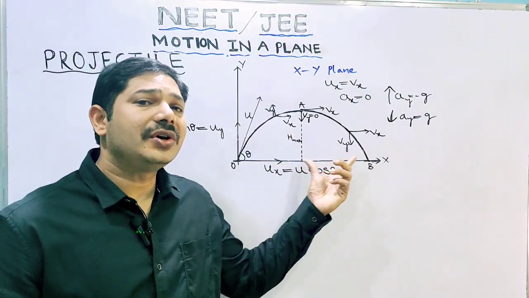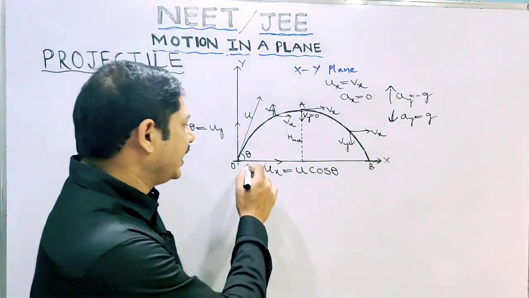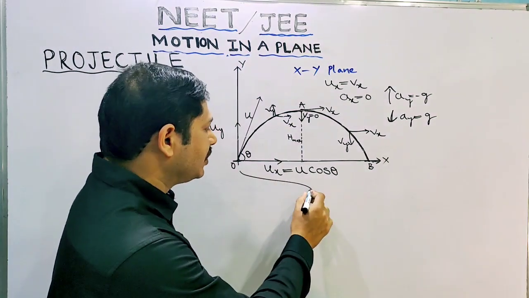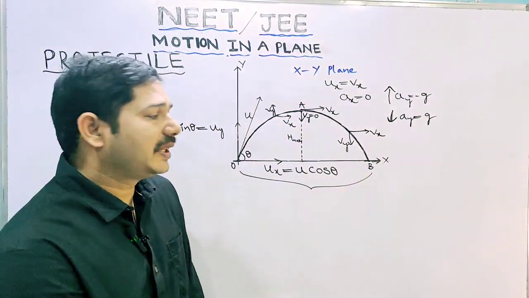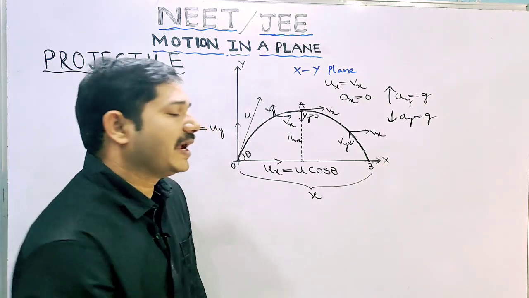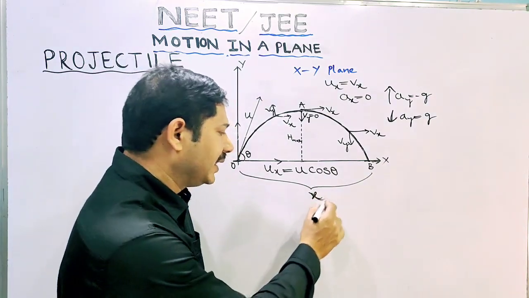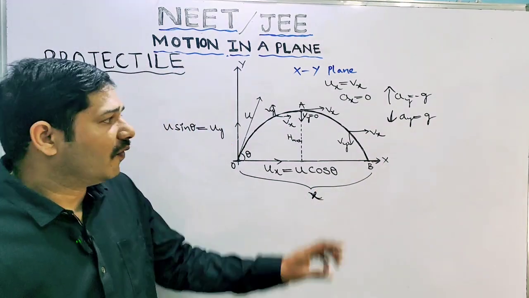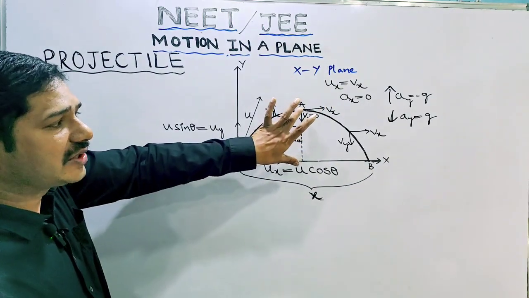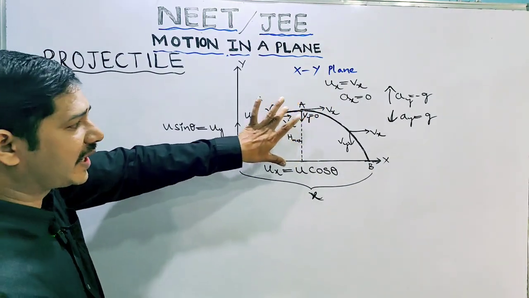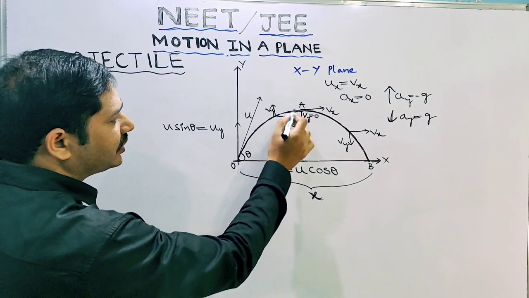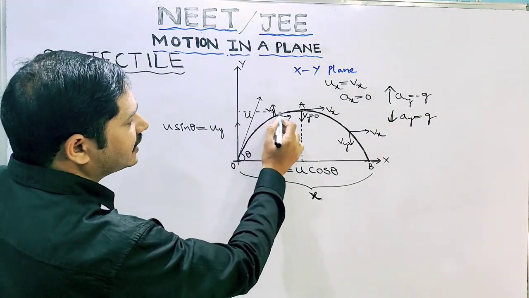And the horizontal distance covered by the body throughout the journey, say x. Vertical distance, the maximum vertical distance, is this maximum height. I am showing it with the dotted lines.